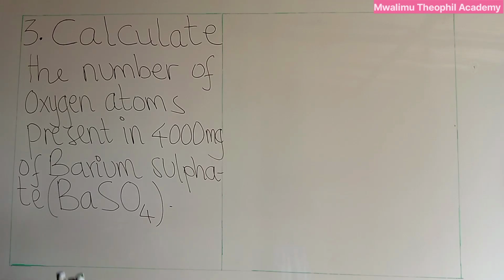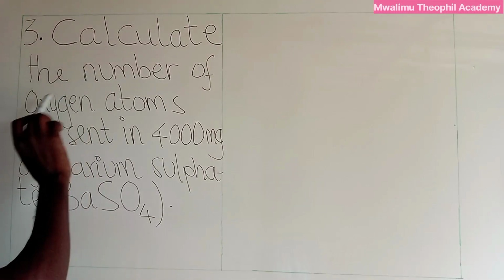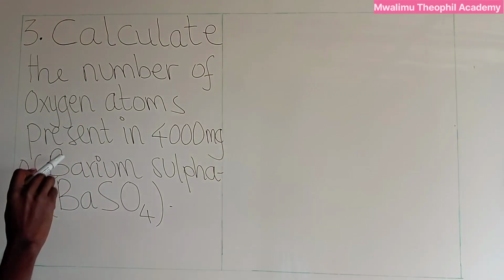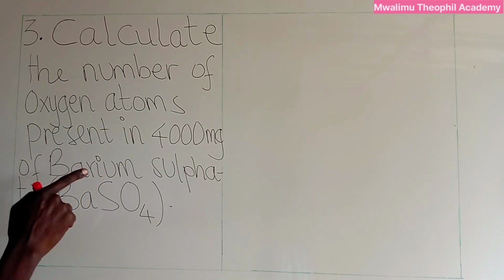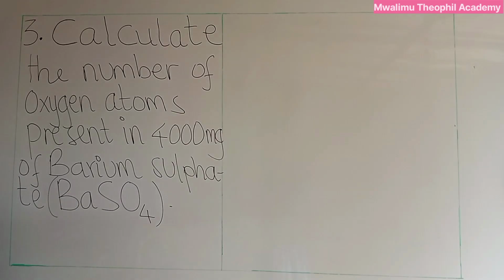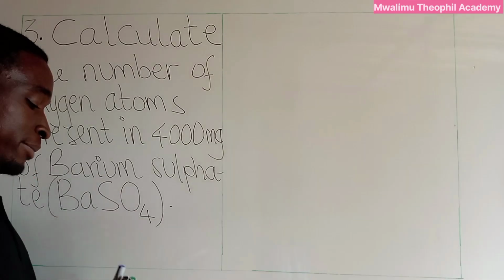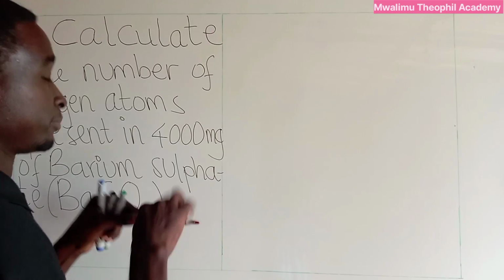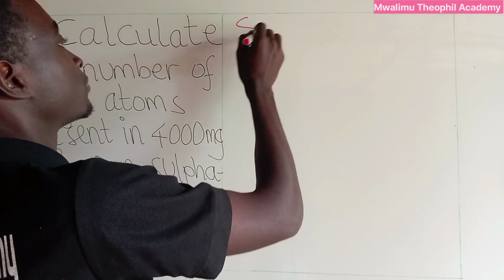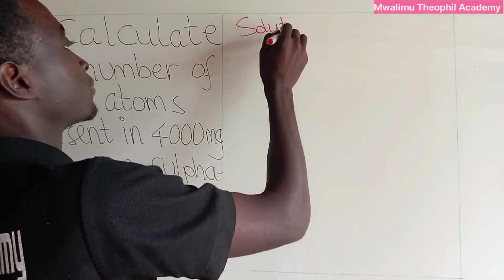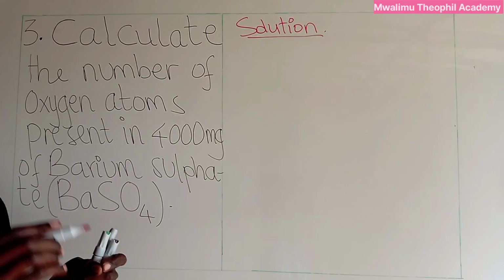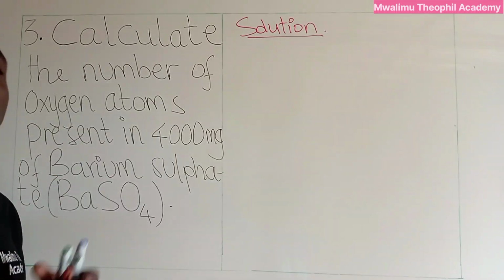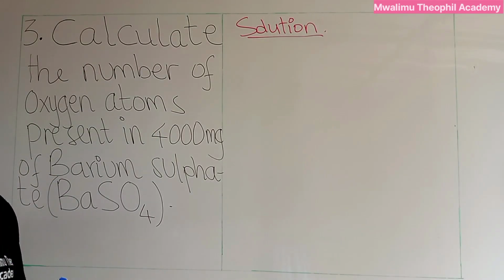Our third question states that calculate the number of oxygen atoms present in 4,000 mg of barium sulfate. Let us see the solution. To get the total number of atoms, firstly, we should start by finding out the number of moles.